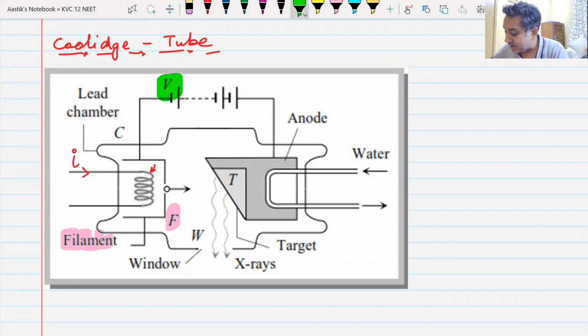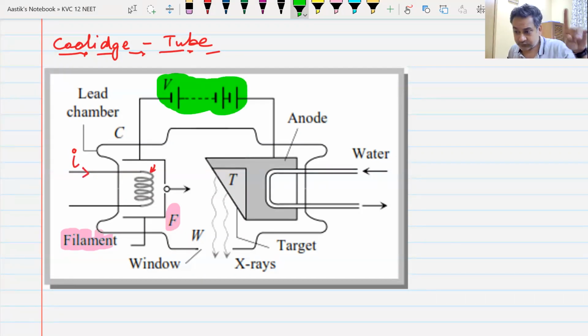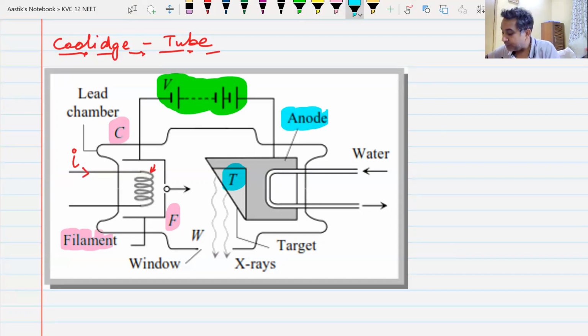The second element that you must remember here is this voltage source. This filament is connected to the negative terminal, so it becomes the cathode. Then the third element here is this target, which is connected to the positive terminal, and that becomes your anode. These are the three elements.